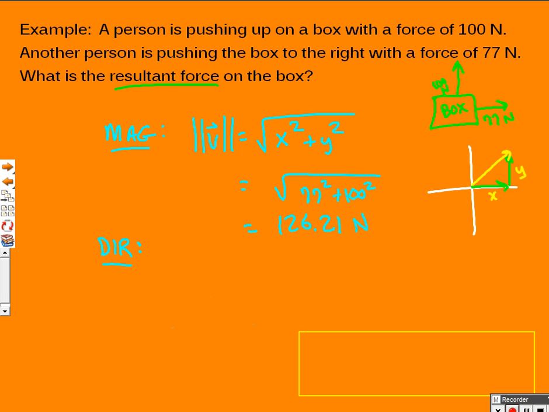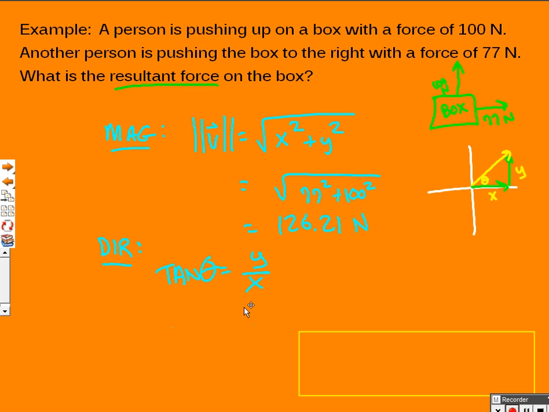Now, to find direction, this is where it's key to know what quadrant you are in. This is in quadrant 1. The way we're going to find direction, it's all based upon this angle in the middle. And we're going to get right back to reference angles again. Told you they never go away, and they don't. What I can do is with this angle, and I know these two values, x and y, well, that trig function would be tangent. I can find tangent of my angle, it equals y divided by x.